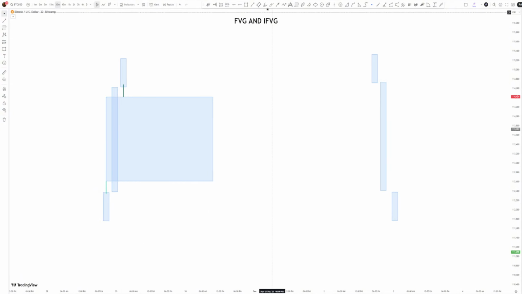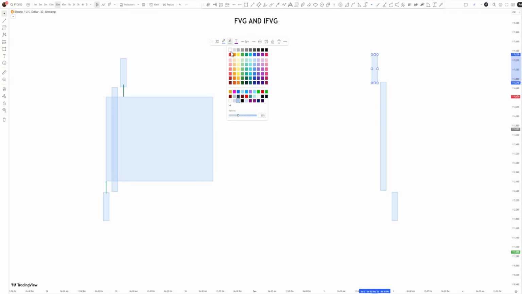The same thing goes for the bearish. Let me just make it red for better visual. Where's the drawing tool? There's no drawing tool.